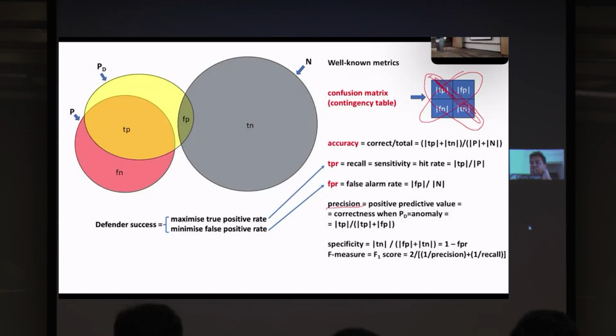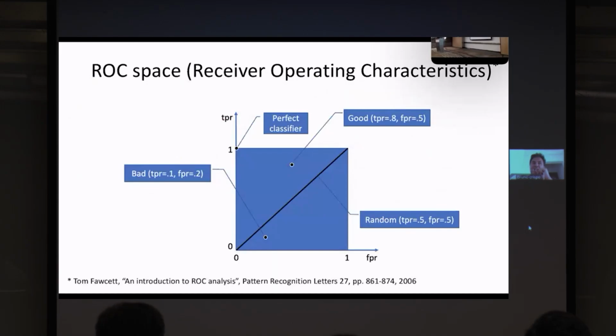And these are, yes, probably all of you know, the typical metrics that are used when you use a classifier. Another important metric that I want to introduce, because it will be useful for the rest of the talk, is the receiver operating characteristic. This is the ROC space.